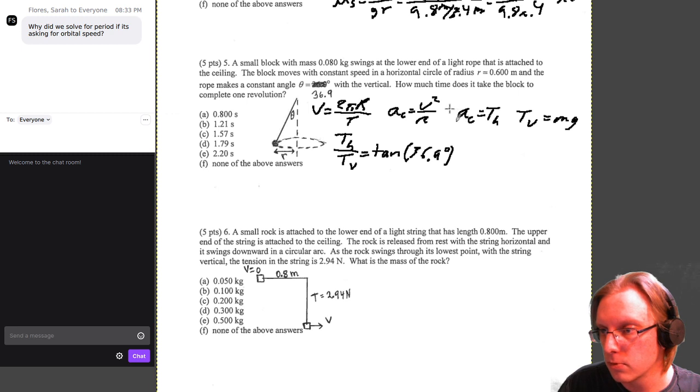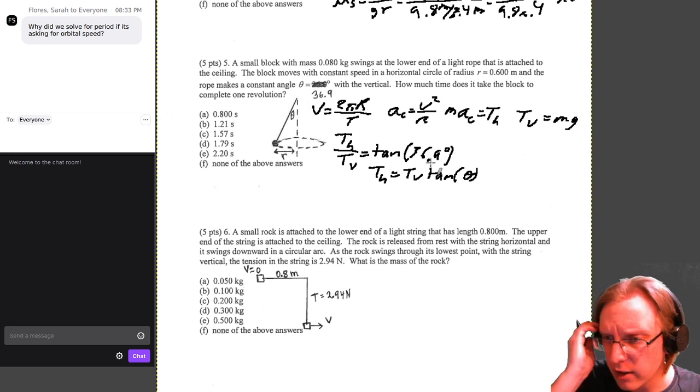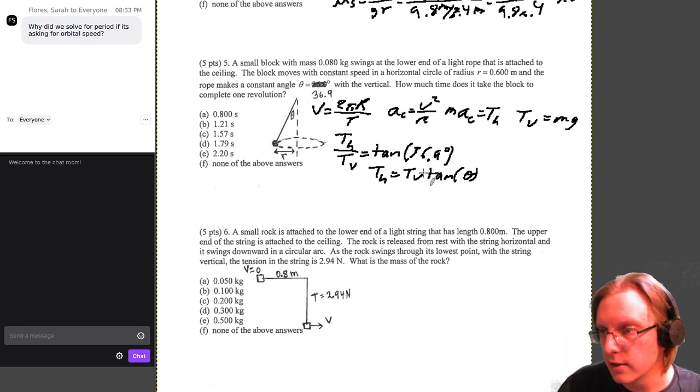Oh, nope, this is AC there. Now we can move things around. So TH is equal to TV tangent theta. And then this M will cancel that M, and that's our AC.